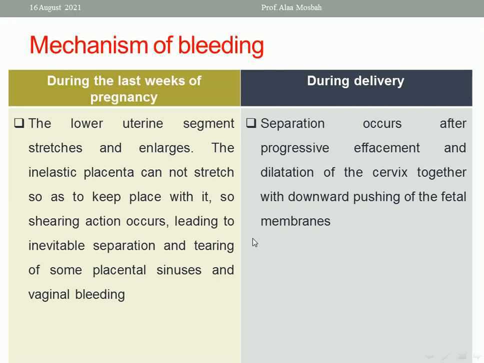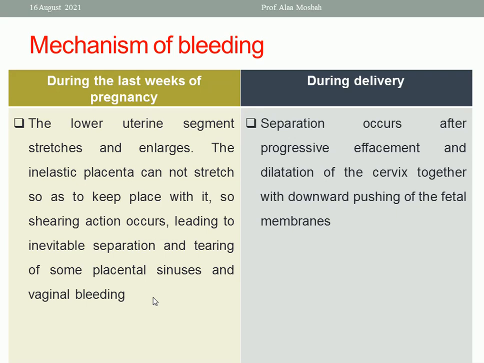During pregnancy and during delivery. During pregnancy, as you know, the lower uterine segment enlarges and stretches, but the placenta is inelastic, so it cannot stretch. That's why shearing action occurs, leading to inevitable separation and the tearing of some placental sinuses and the vaginal bleeding.